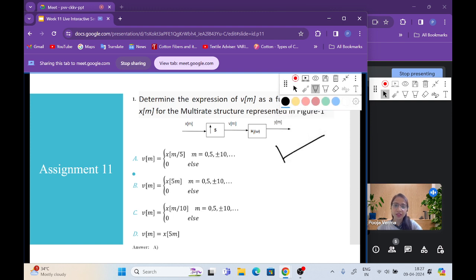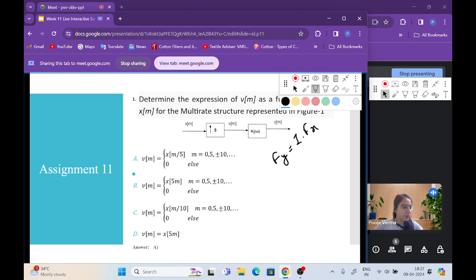So here it is giving the upsampling frequency. We have seen that f of y is equal to I into f of x, right?